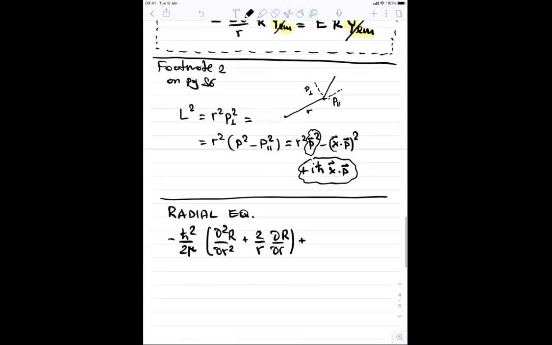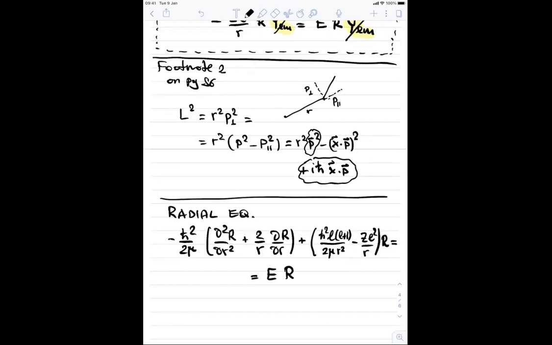Let me put them together. So these two terms read like that: h bar square L times L plus 1 divided by twice the mass r square, minus z e square over r, and this multiplies the function R, okay? And all this has to equal the energy times the radial function. Is it clear? This is the radial equation.